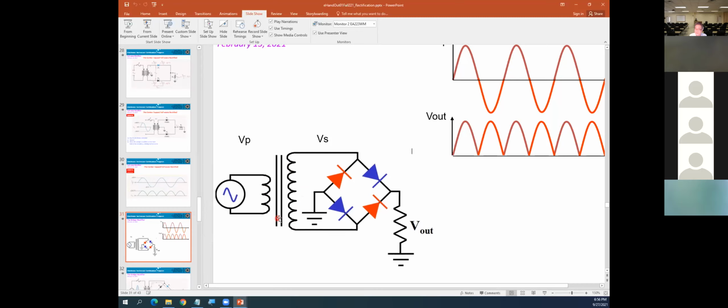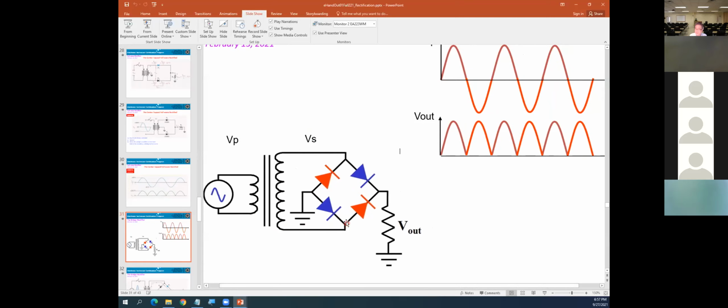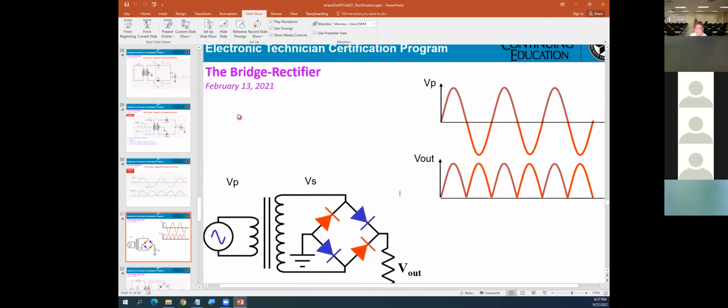The reason they don't want to use a center tap transformer is that it costs too much. If you're using a normal transformer, it's much cheaper, and you're adding only 4 diodes. Diode maybe 5 cents, 8 or 10 cents. So really cheap.